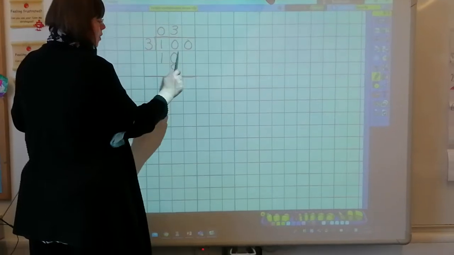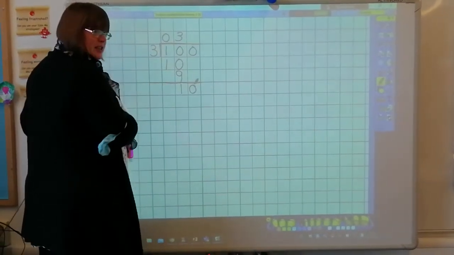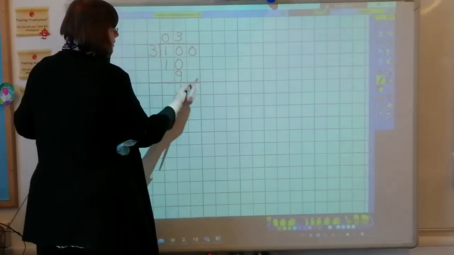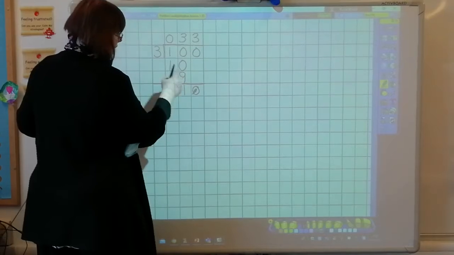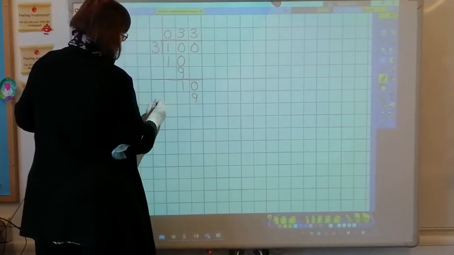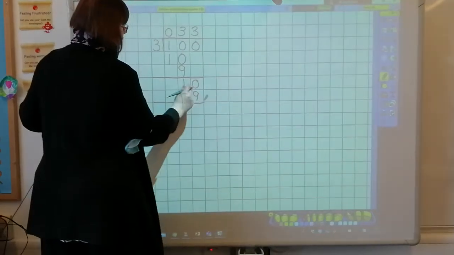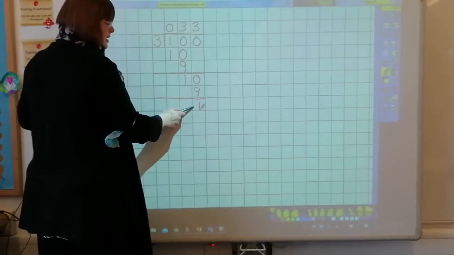that's in the 1s column. Oh, well, we've already worked this out. This will be really easy. 3's into 10 we know is 3 because it's 9. 3 times 3 is 9. This time 10 take away 9 is still 1. What's this number?